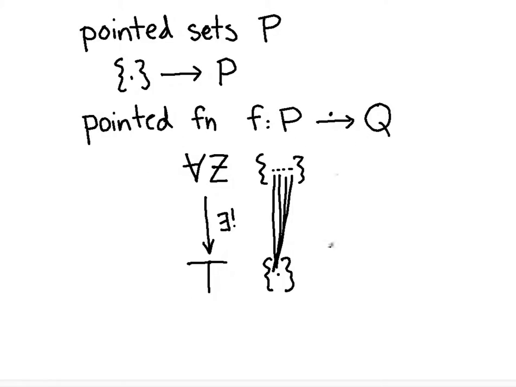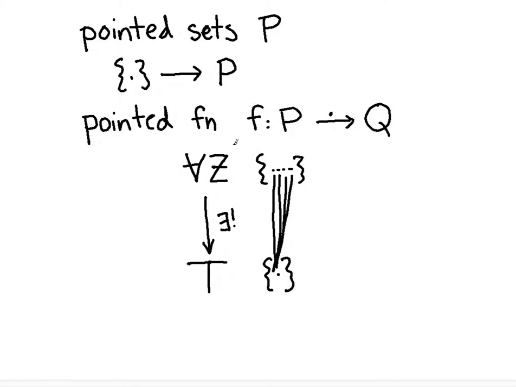So pointed functions between pointed sets does have a terminal object. That category does have a terminal object.